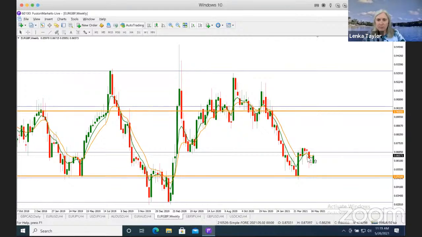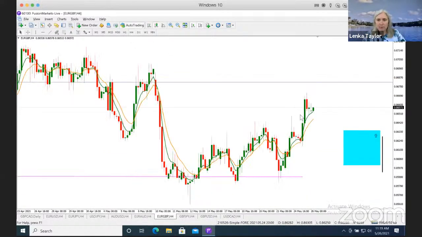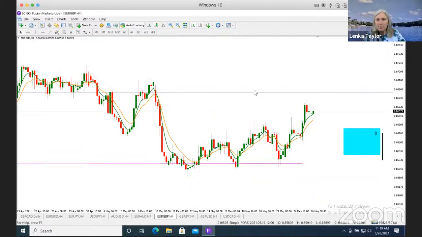So we had a bit of a go at going up, but it's pulled back. So now looking at a long, but I'm not very confident because of that resistance level there.